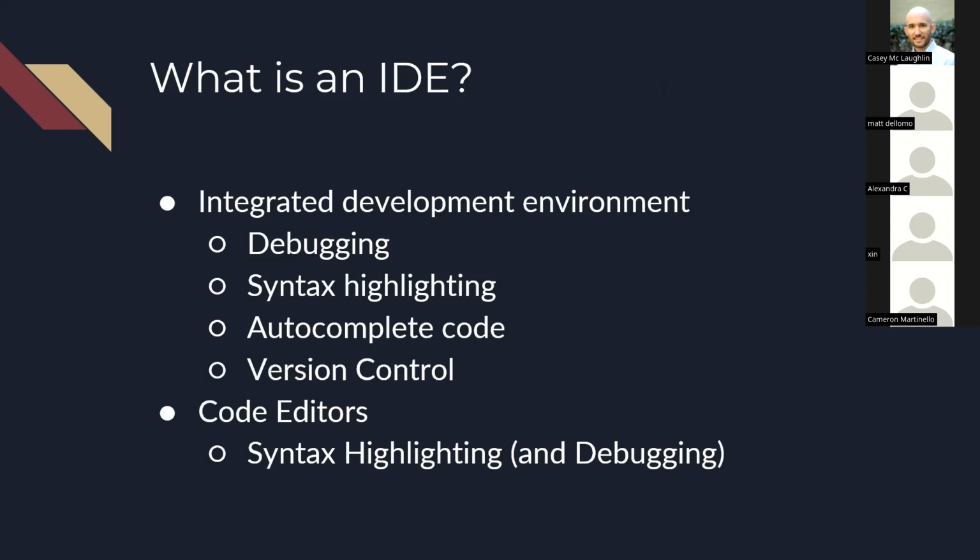I've been inadvertently using this term IDE without explaining it. I'm sorry for that. IDE stands for Integrated Development Environment. IDEs tend to give you things like debugging, syntax highlighting, autocomplete, and some version control built in.